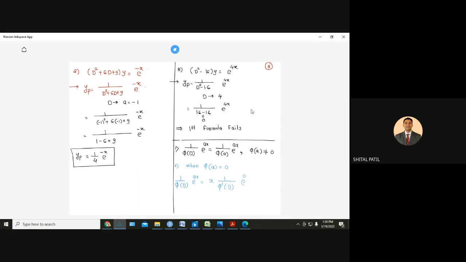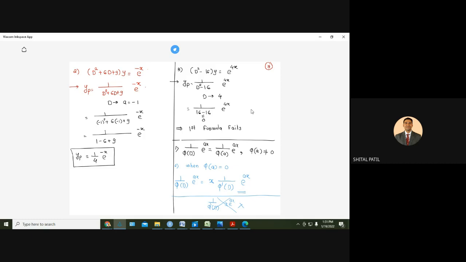Don't write like this: 1 upon phi dash of d x e raised to x. This is wrong. So whenever a denominator becomes 0, we have to use the second formula.